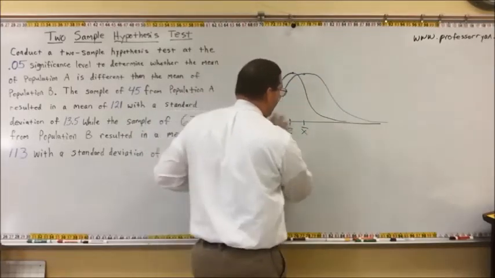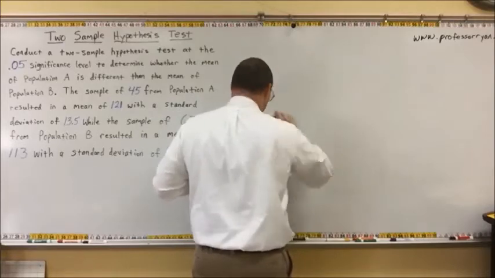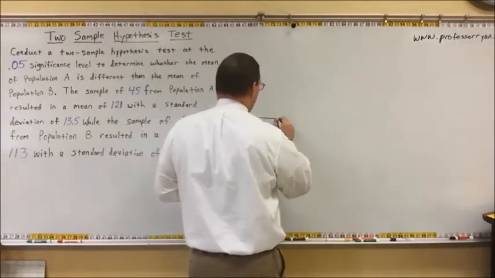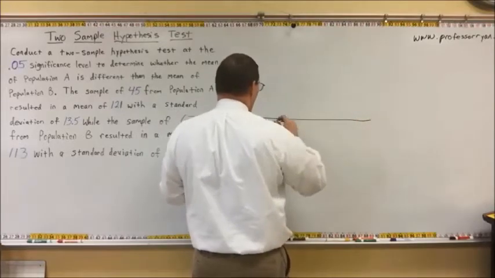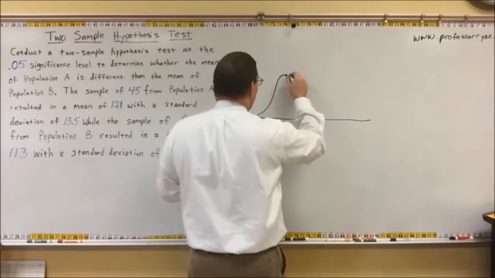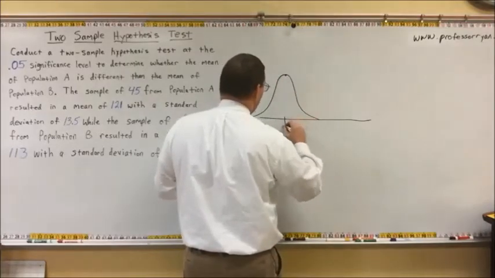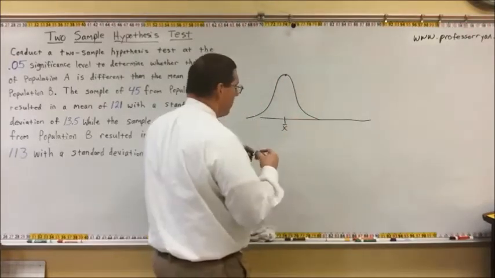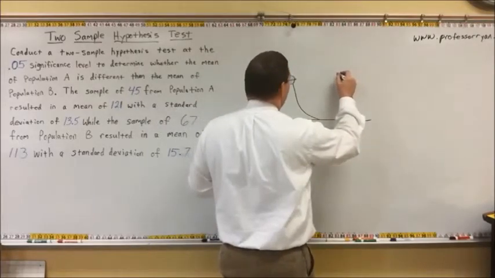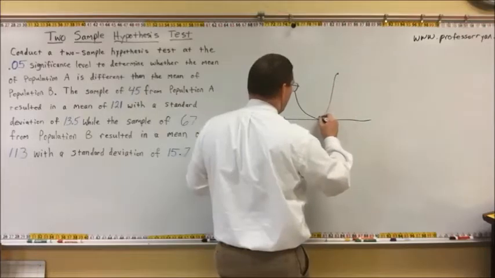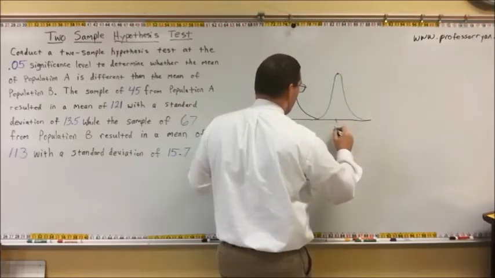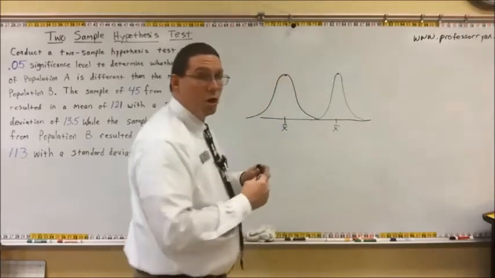On the other hand, what if we had a situation where one of the samples has a distribution curve that looks like this, and the other sample has a distribution curve that looks like this, with the mean here? There's not very much overlap.